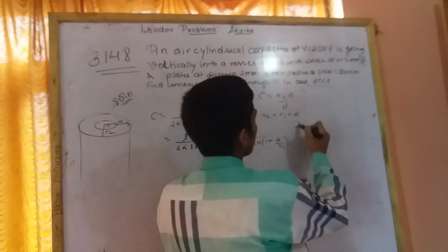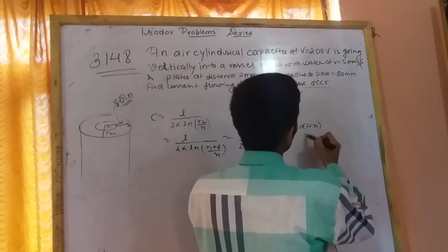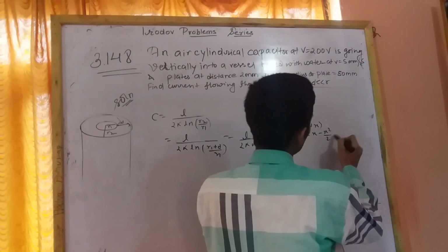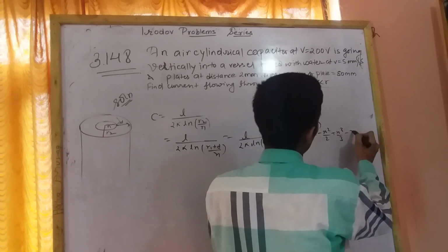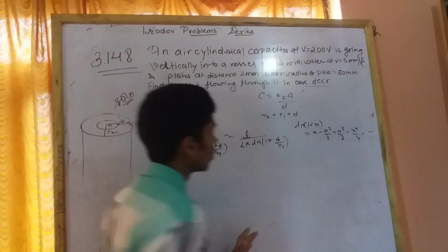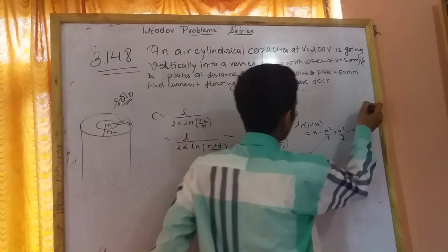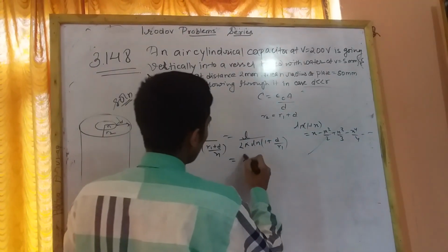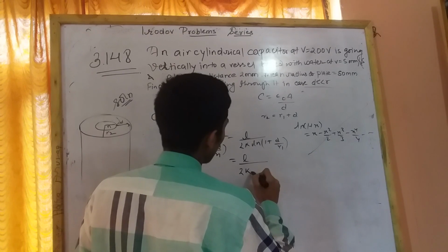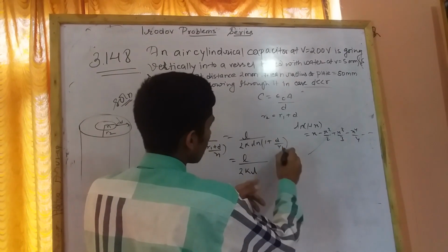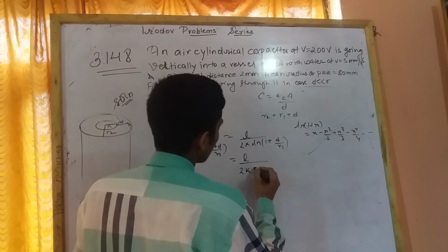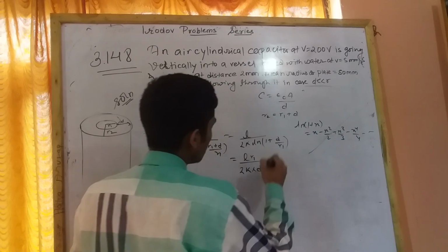We know the expansion of ln 1 plus x equals x minus x square by 2 plus x cube by 3 minus x power 4 by 4, and so on. Because d is so small, I can neglect all these terms, so L divided by 2k ln 1 plus d by r1 reduces to L divided by 2k into d divided by r1.